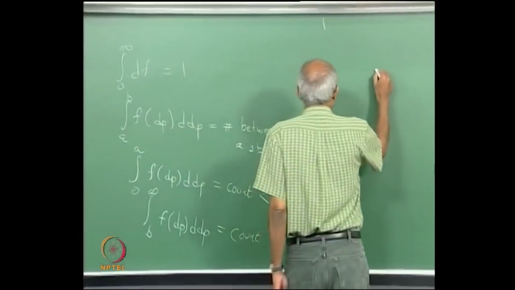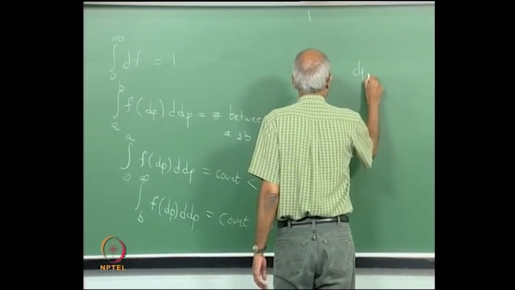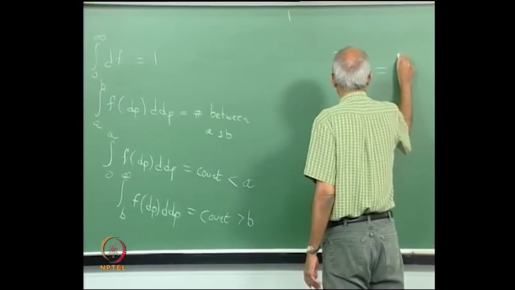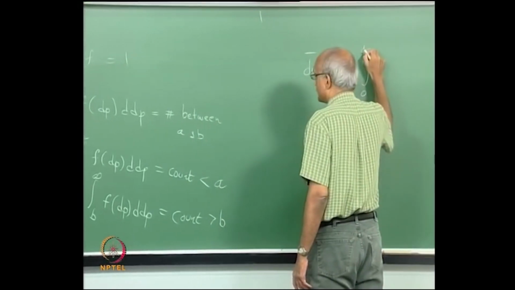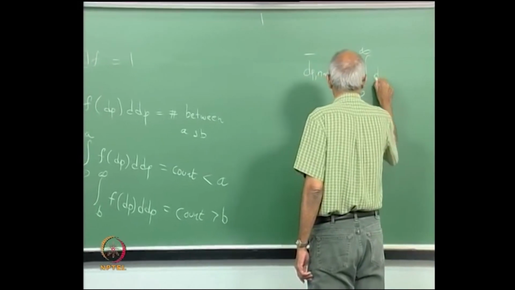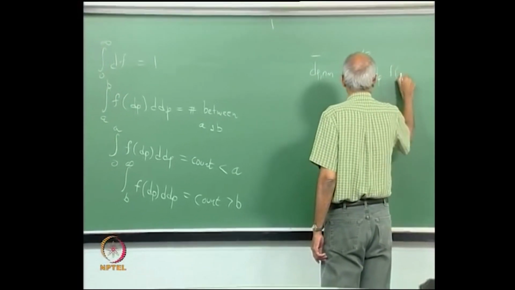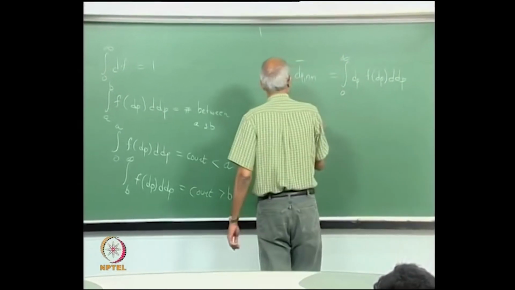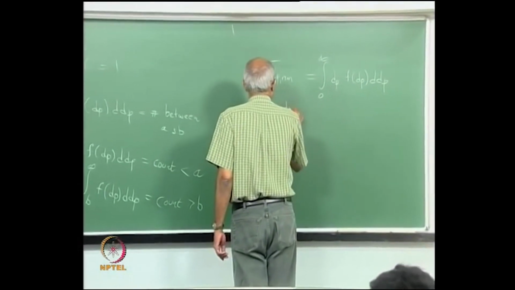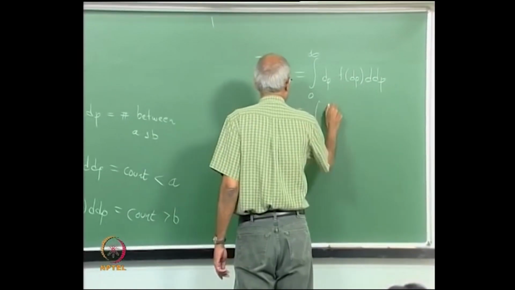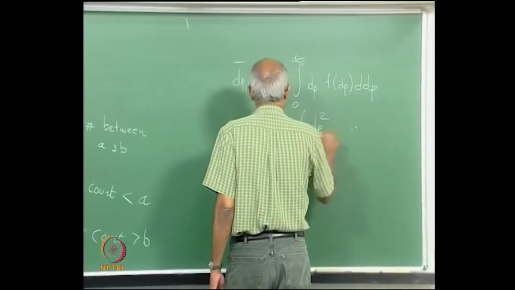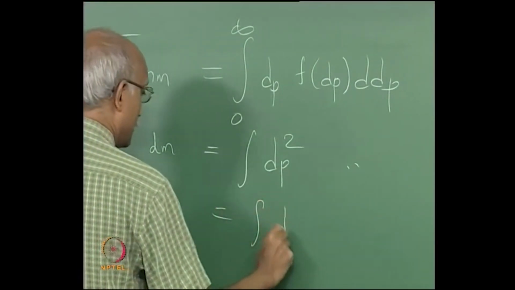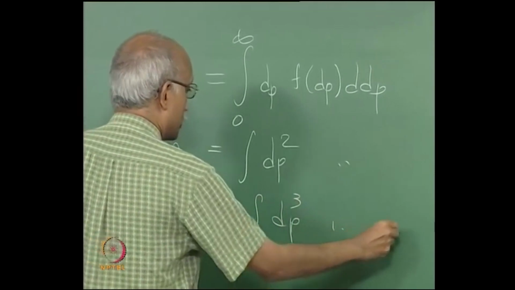For example, your dp number mean would be simply equal to integral 0 to infinity of dp f of dp ddp, and your diameter mean would be integral of dp squared, your area mean would be integral of dp cubed, and so on.